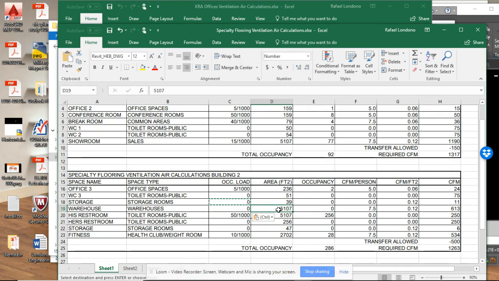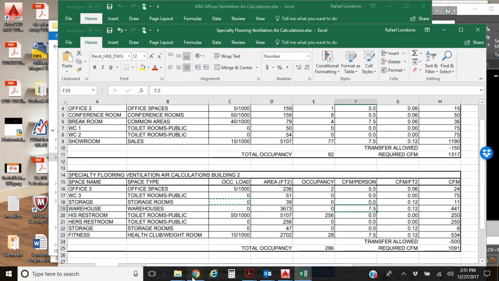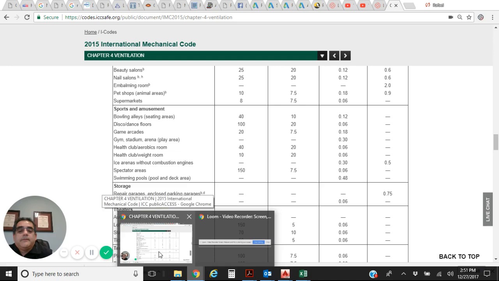The size of the warehouse is 3,673 square feet. There's 0 requirements for 0 occupants, obviously. The CFM per person, I think there was 0.06. Let's go back and double check it though. Am I still on?